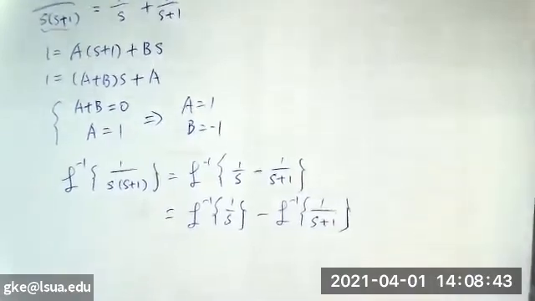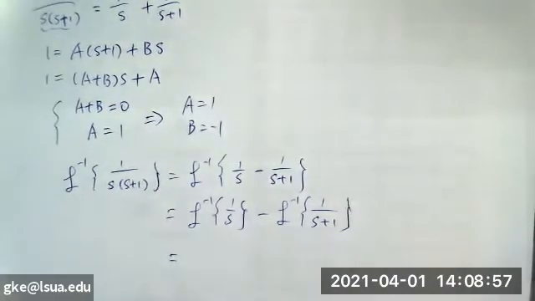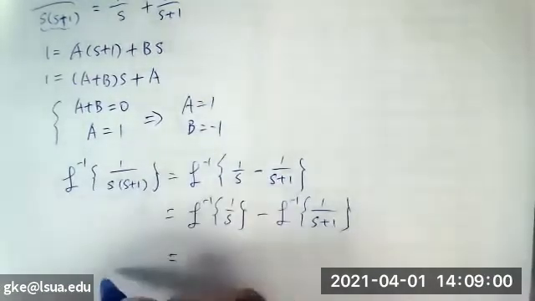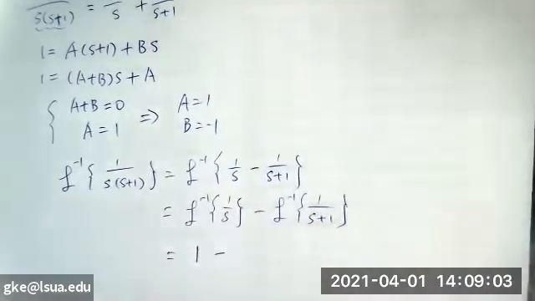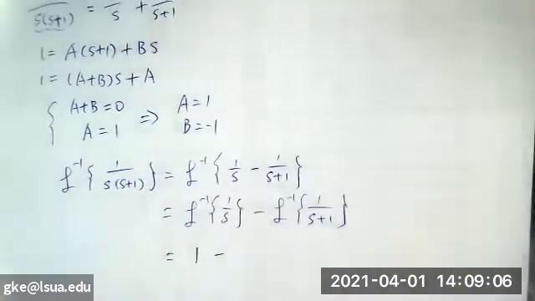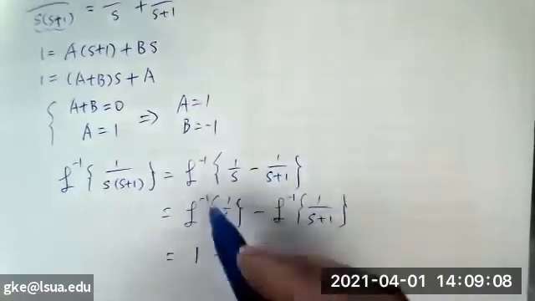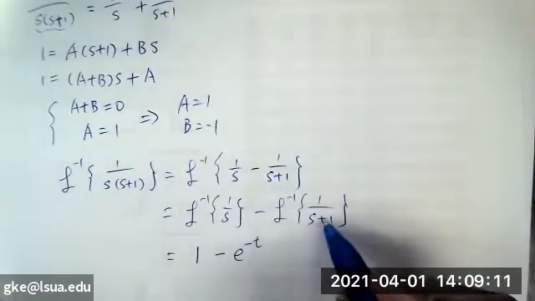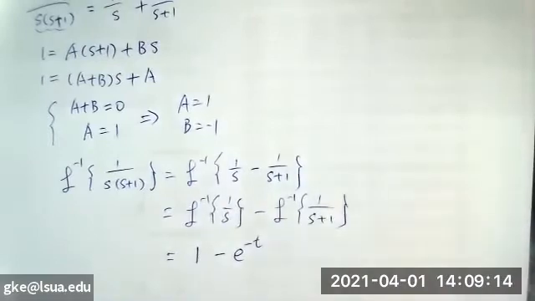Then we can follow the formula. 1 over s, the inverse of this will be 1, right? And 1 over s plus 1 is gonna be e to the power -t, because the a is -1, right? So e to the power at is e to the power negative t. That's it.